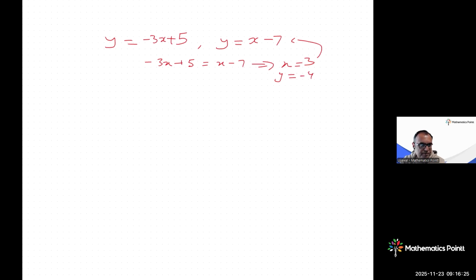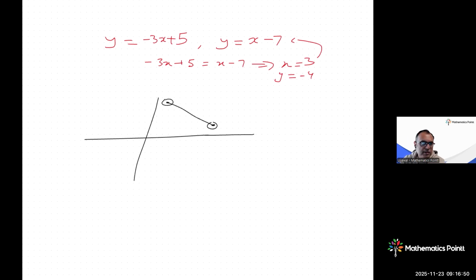Let's move on. Let's say I have a Cartesian plane again. And this time I have a straight line like this. And let's say I know the coordinates of the end points of the line.